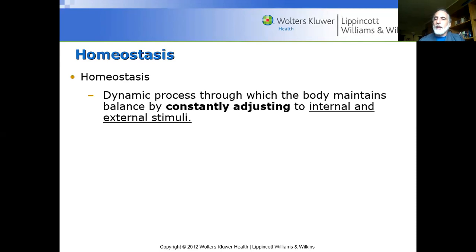As you recall from cellular respiration, we are making water just by living and breathing, and oxygen and glucose getting into cells and being burned for energy. So constant adjustment to internal and external stimulus.